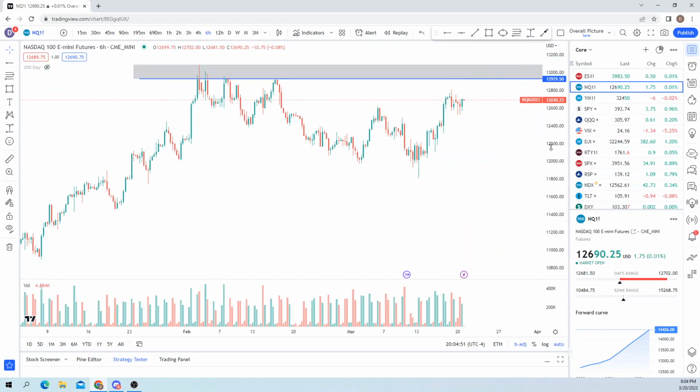So if those two align, NASDAQ and the Dow, at those resistance areas, when I have two indices at areas of resistance, it has a better chance of working historically. And when you have all ES, NQ, and the Dow at resistance areas at the same time, those are one of the best, highest probability setups that I take. It doesn't happen often, but when it does, I'm very interested in trading those.